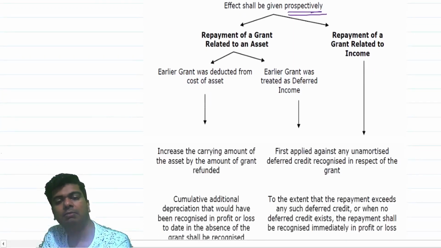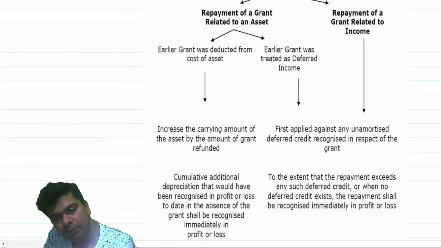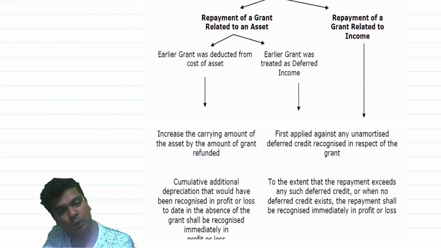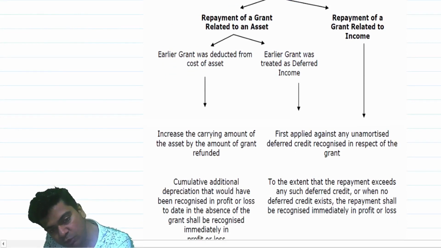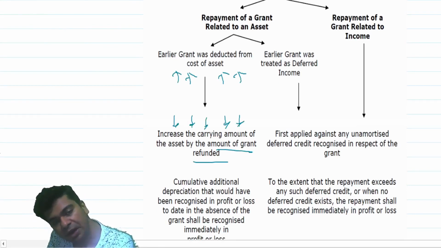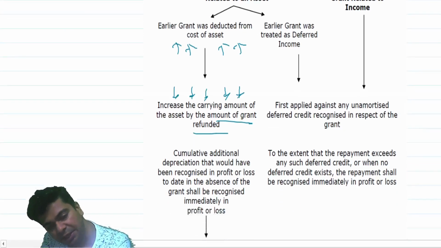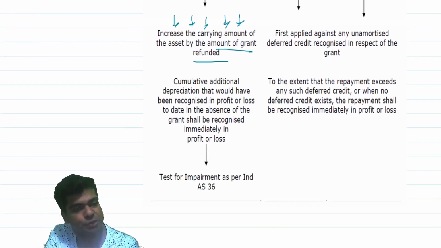We go to the main accounting issue. Repayment of grant is relating to an asset. And this is what we had done, right? Earlier the grant was deducted from the cost of the asset. Increase the carrying amount of the asset by the amount of the grant refunded. Just add it back. And then, as I said, additional depreciation needs to be provided.